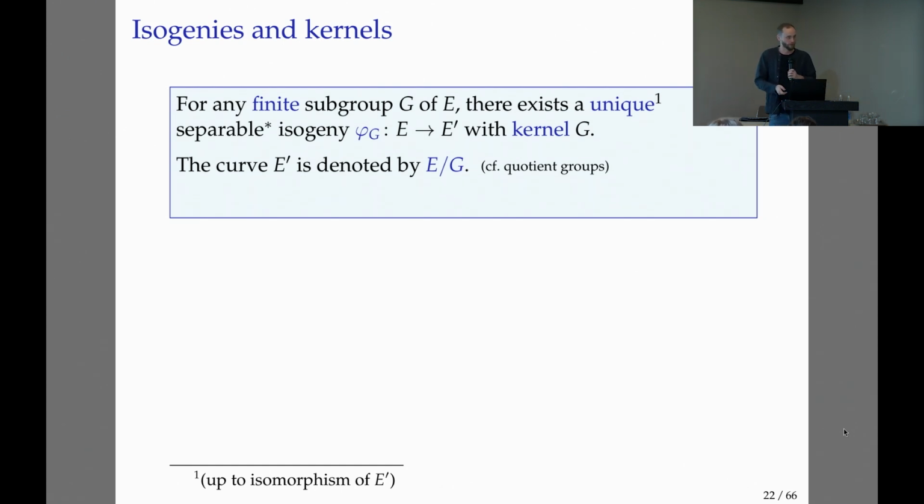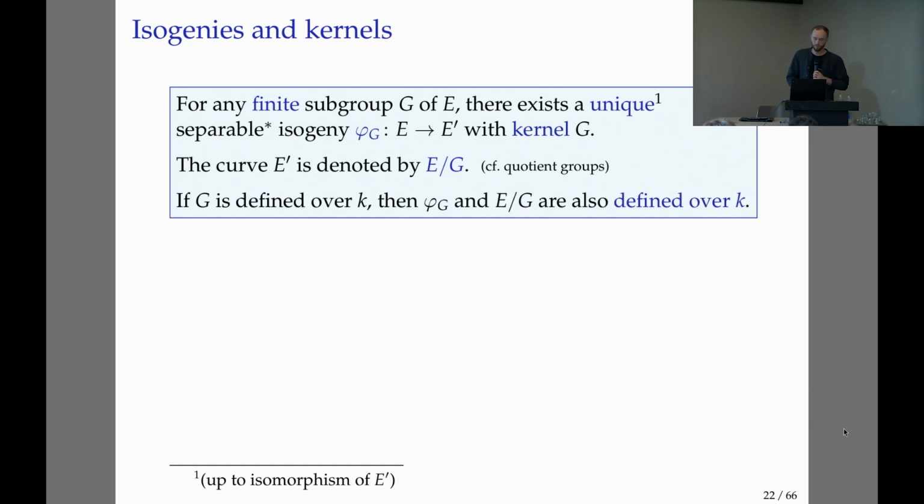Right? So that's the non-obvious fact. And this other elliptic curve can be computed along with the isogeny when you have the kernel. And just for practical reasons, it's important to point out that nothing happens over extension fields here. You have a curve over some field, you have points over that field, and then the isogeny and the codomain curve will also be defined over the same field.